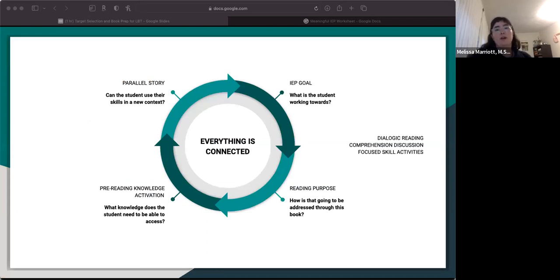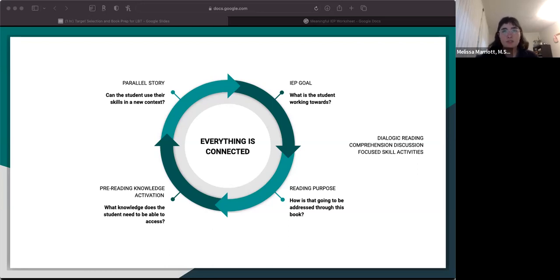When I am planning a literacy-based session, I start with the IEP goal. I have to know what my student is working towards in order to know what I'm even doing. What targets am I going to pull out of this book? What questions am I going to ask?